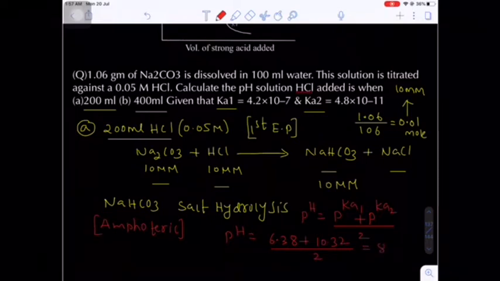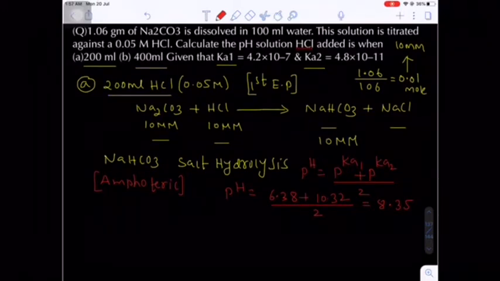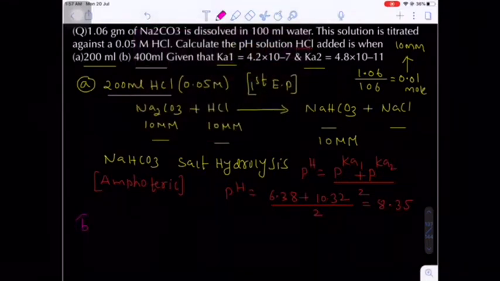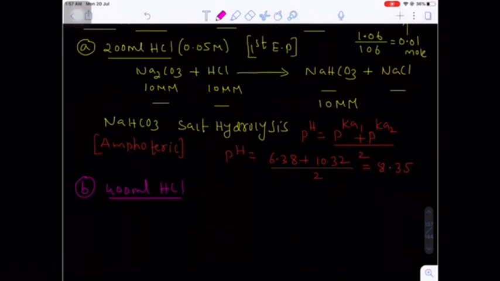From here we can calculate the pKa2, that is minus log Ka2, that will be 10.32, whole divided by 2. So finally the pH of the solution will be what? 8.35. So this is when the first 200 ml of hydrochloric acid is added. Are you getting my point?